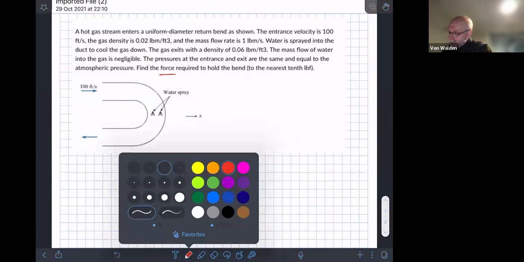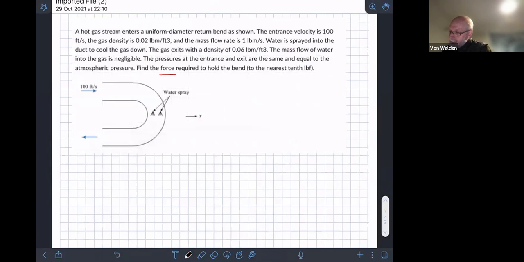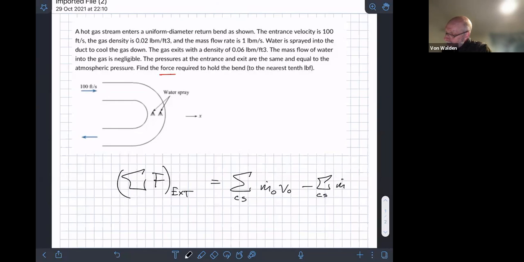So if we just write it down one more time: the sum of the external forces is going to equal the sum over the control surfaces of the outflow of momentum minus the sum over the control surfaces of the inflow.